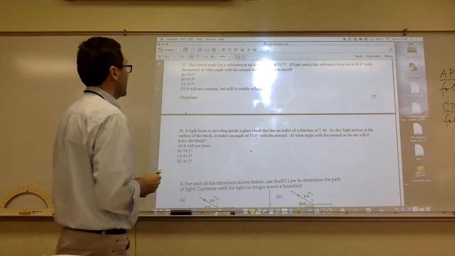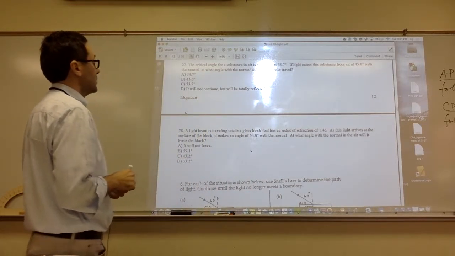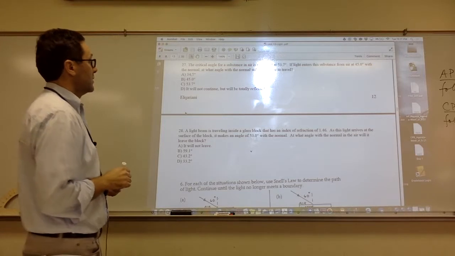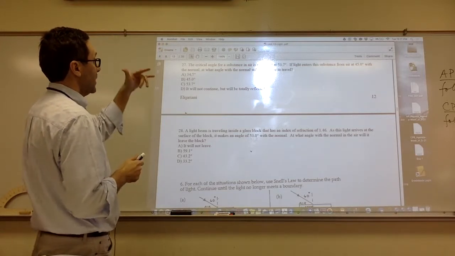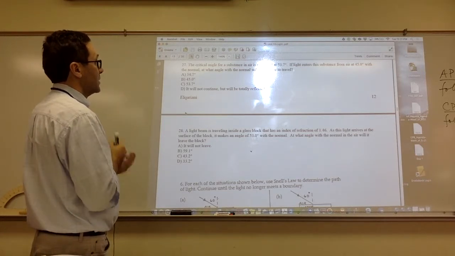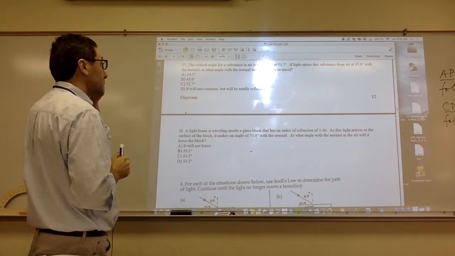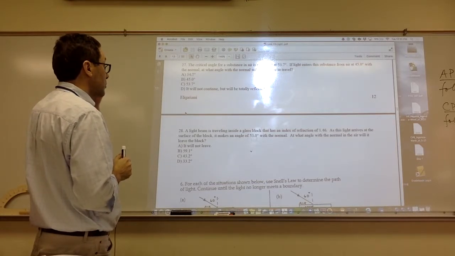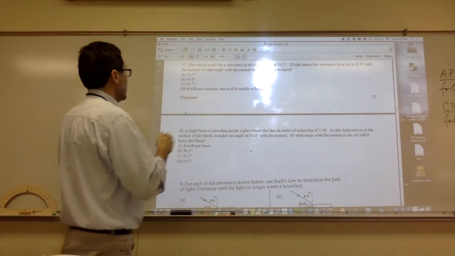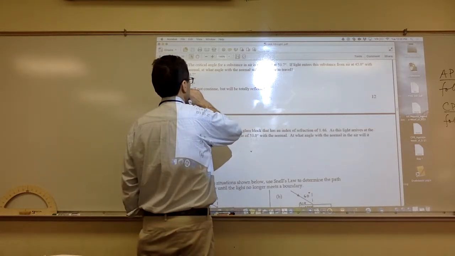27. The critical angle for a substance in air is measured at 53.7. So basically going from this substance into air, because you have to go from something that's more dense to less dense. If light enters this substance from air at 45 with the normal, at what angle will it continue to travel? So I think we have to find out what the n is first.